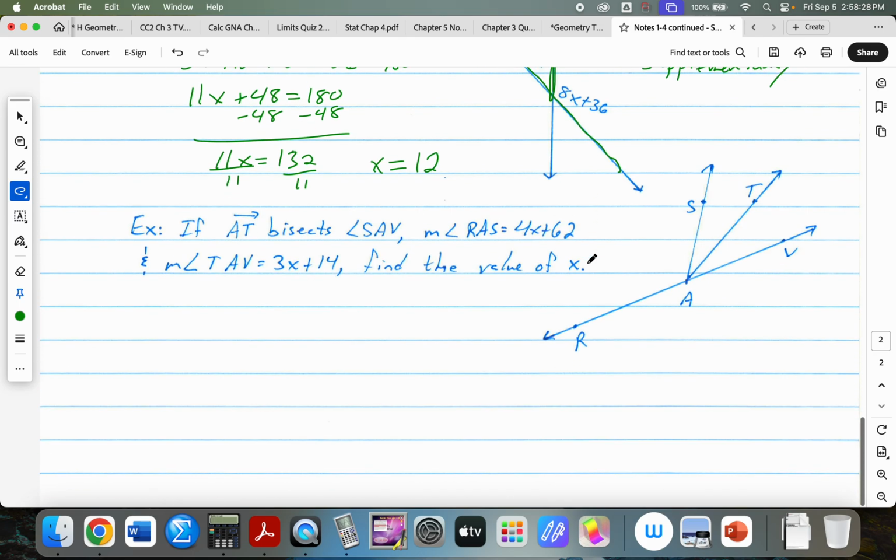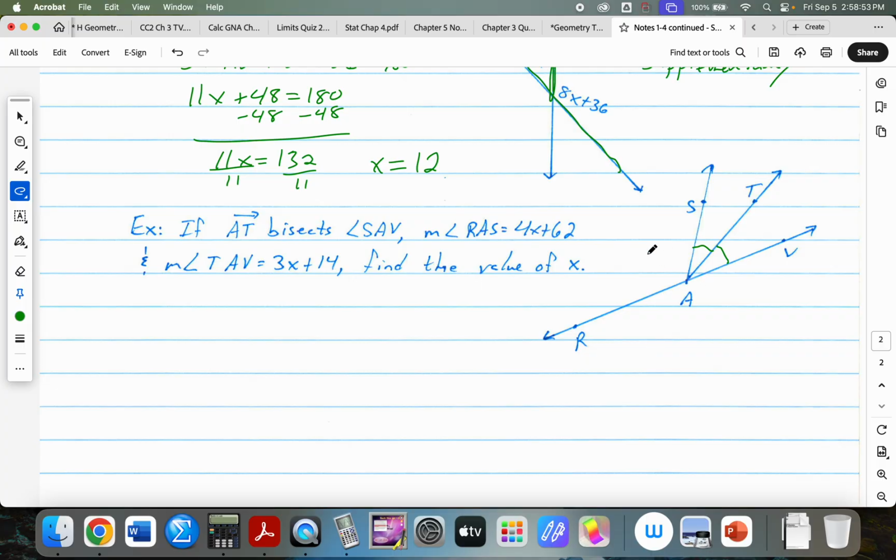All right, last example for today. It says if ray AT bisects angle SAV. All right, so ray AT bisects angle SAV. That means that these two angles are congruent to each other.